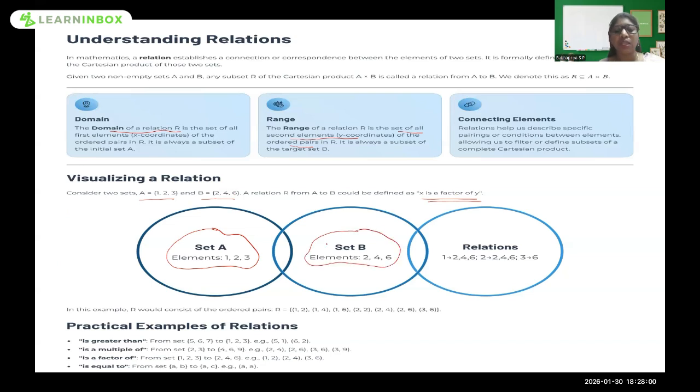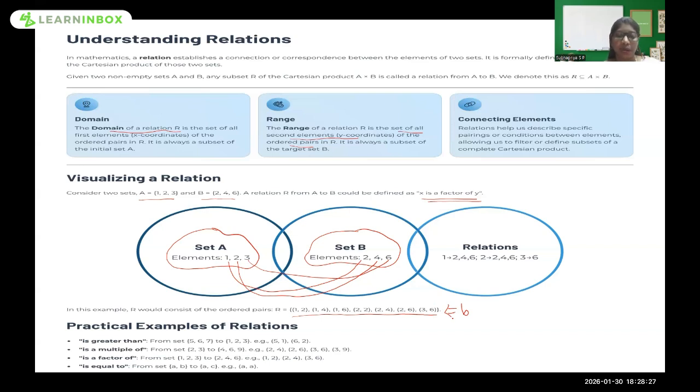So what will be the relation? 1 will be going to 2, 2 will be going to 4, and 3 will be going to 6. So thus we will be writing the relation as so. This is what we did so far also. See, you will be having 6 elements over here.